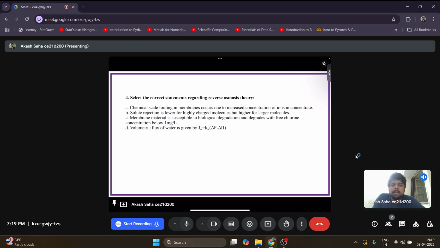Membrane material is susceptible to biological degradation and degrades with free chlorine concentration below 1 milligram per liter. And at last, volumetric flux of water is given by Jw = Kw (ΔP − Δπ).